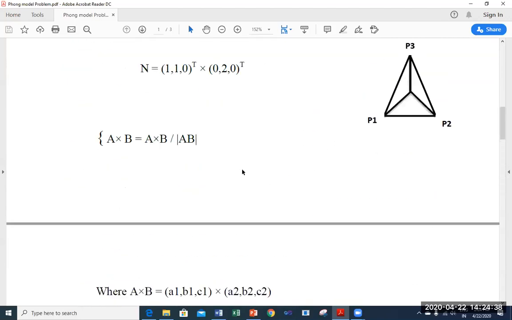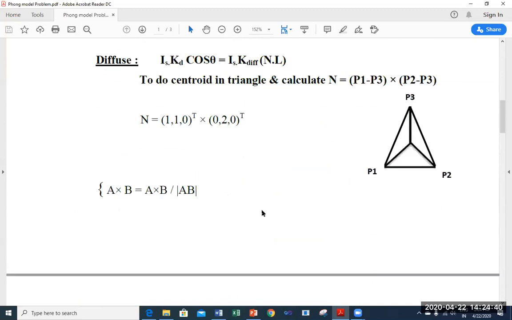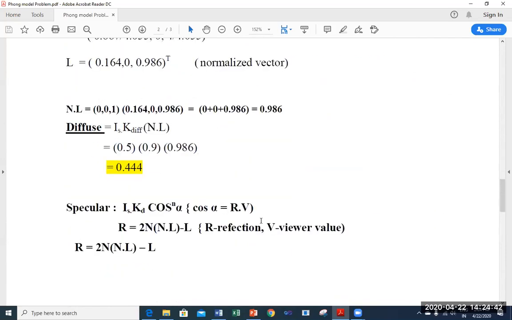So the ambient value you got is 0.07 and the diffuse value you got is 0.444. Okay, next, you have to calculate the specular intensity. Specular intensity I is equal to the intensity of the particular light and the coefficient factor with respect to specular, and cos alpha power n, where for cos alpha we can write the reflection vector dot viewer value.